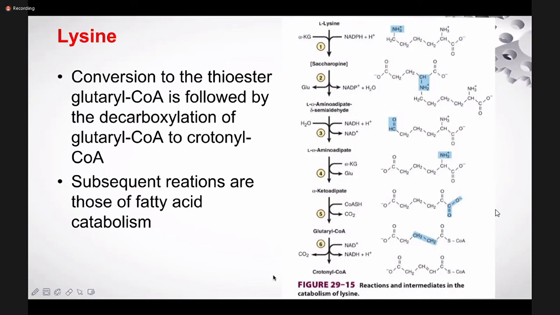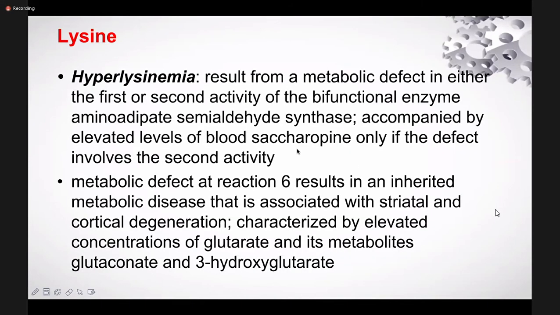catabolism. So problems in lysine catabolism can result in hyperlysinemia. Hyperlysinemia results from a metabolic defect in either the first or second activity of the bifunctional enzyme aminoadipate semialdehyde synthase, so reaction 1 and reaction 2.